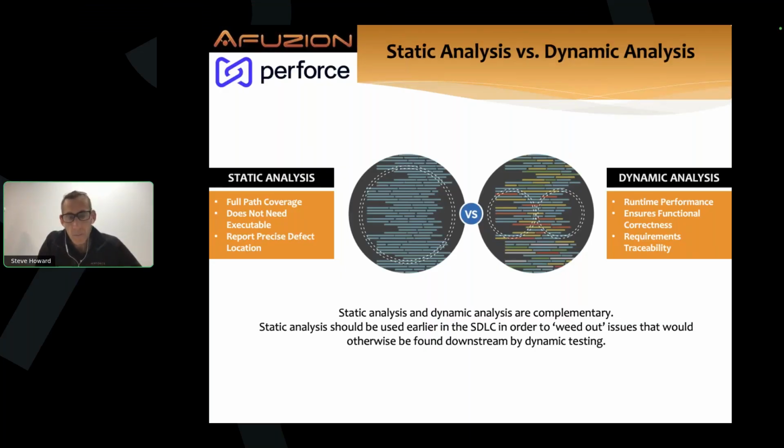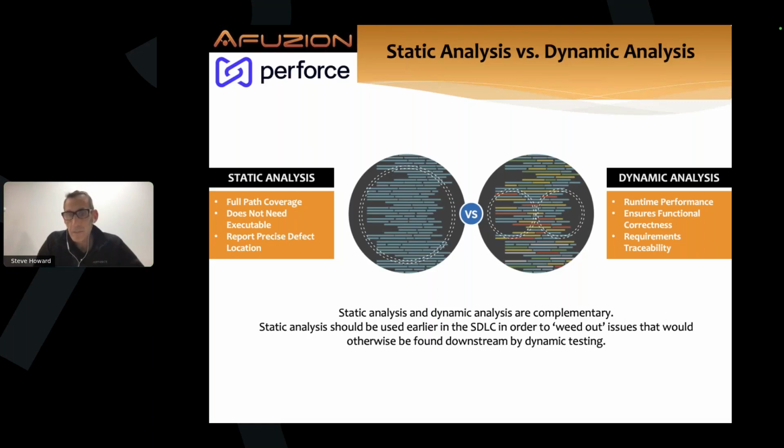Again, it's very fast and it can be used up front, weeding out the issues that we would have found with dynamic testing before we've written the test. And that saves us time if we have to rework the code, especially if it's white box testing. It also means that we test the unexpected paths. So dynamic testing, functional testing is very good at testing the requirements and the things that are supposed to happen.